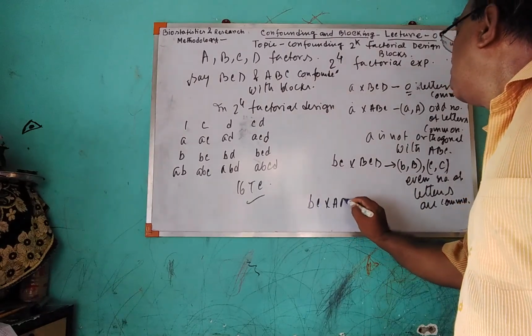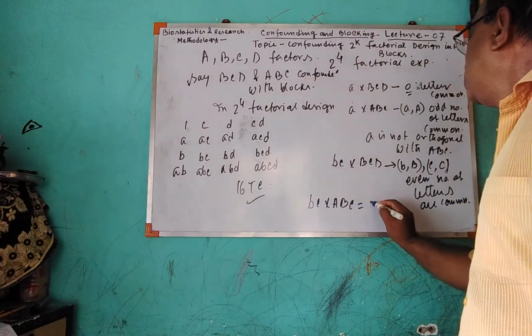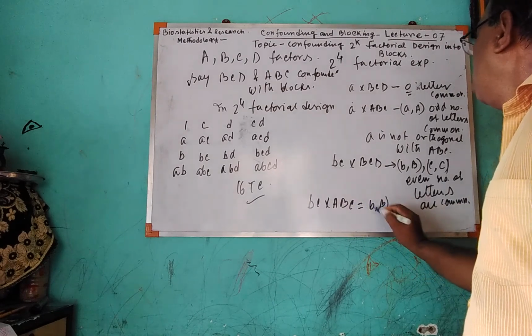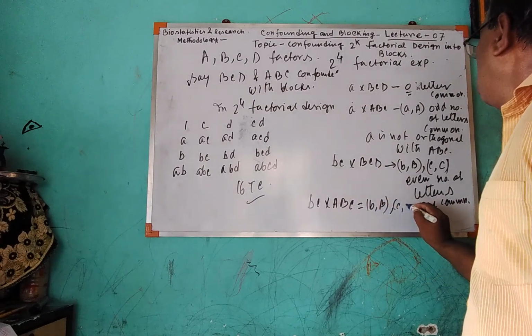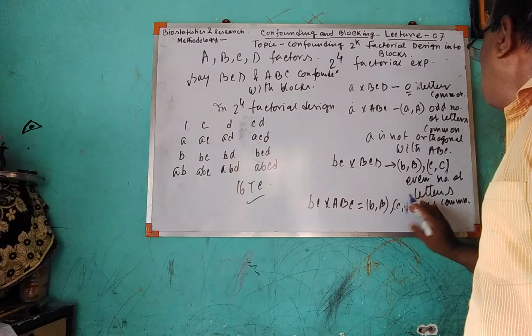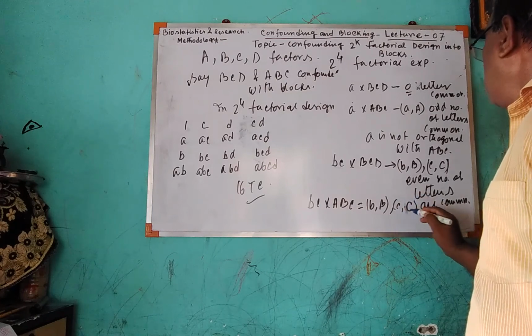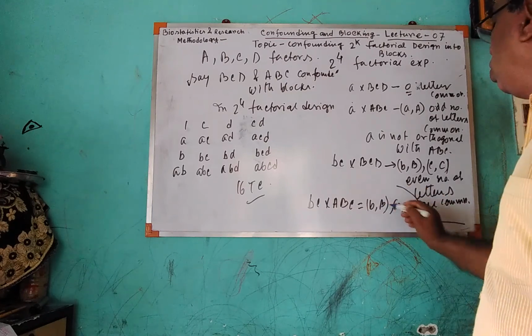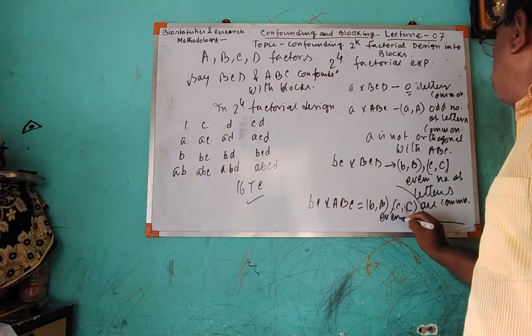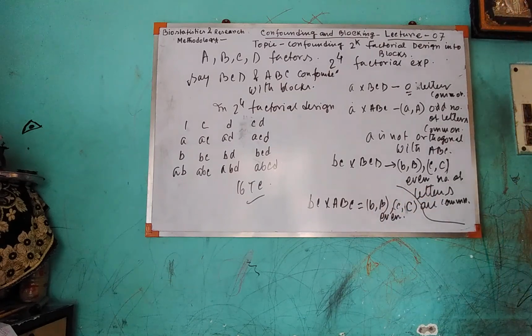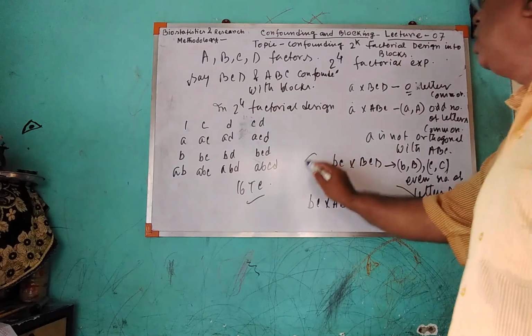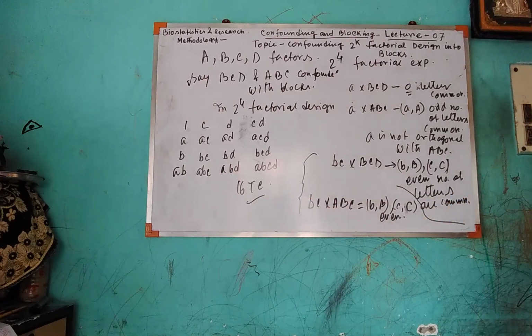Now BC into ABC: here also B is common, C is common, so an even number of letters are common. Therefore, BC is orthogonal to ABC.